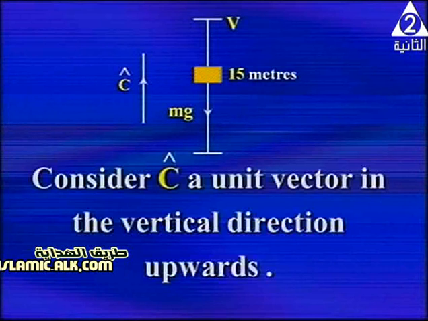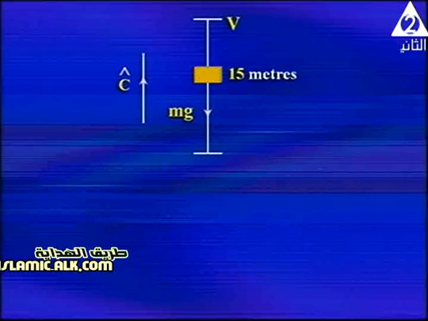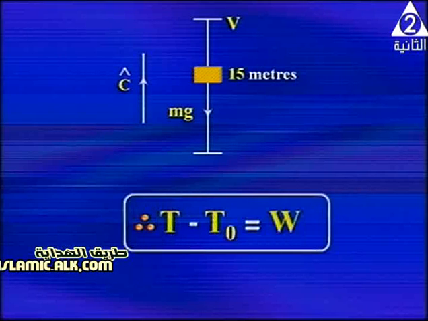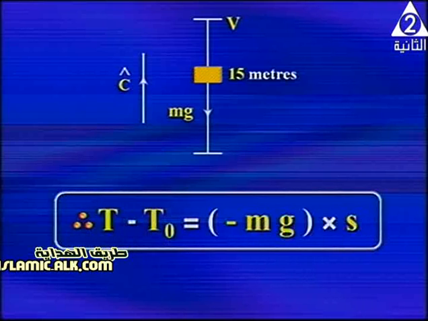Solution. Look at the opposite figure. C is a unit vector in the vertically upward direction. The height is 15 meters. The change of kinetic energy, T minus T naught, equals the work done. Then T minus T naught equals negative m g times s.